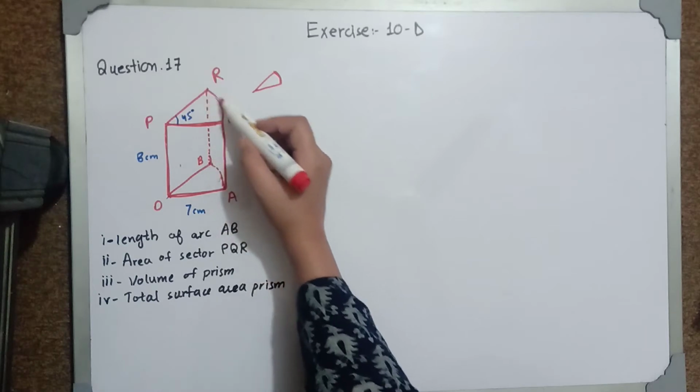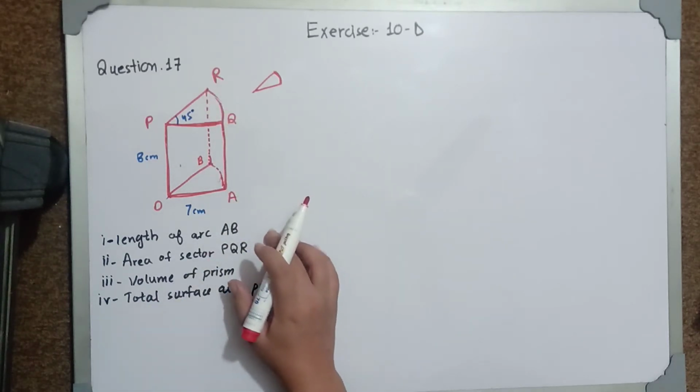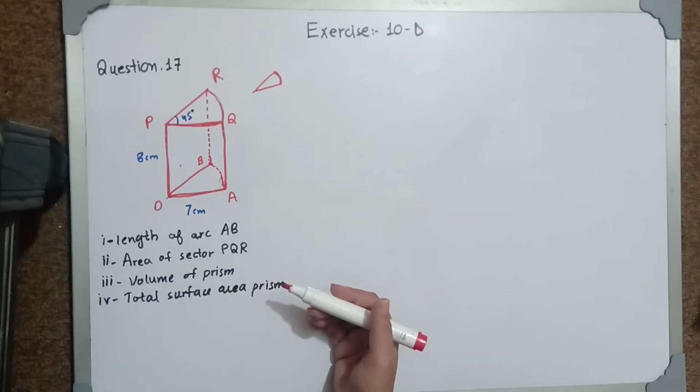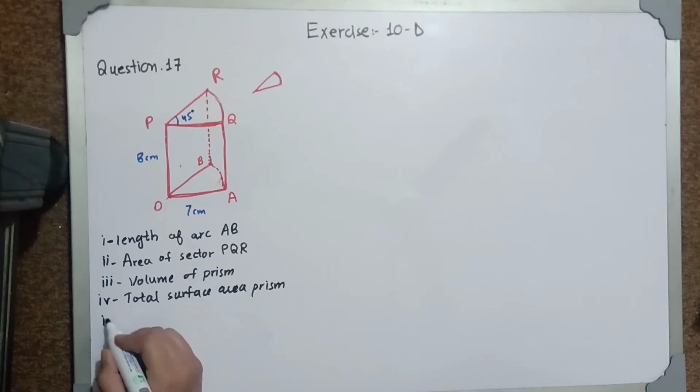Just like here, RQ and AB. So we can use the formula that we use to find the arc length, right? We know that to find arc length, the formula is arc length in a sector. Don't forget that.